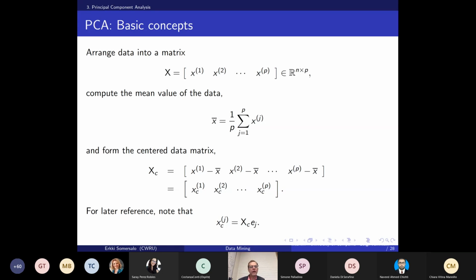I take all the data vectors xj, take the sum of them, and divide by the number of them, and so I get the mean vector, the average of all my data.